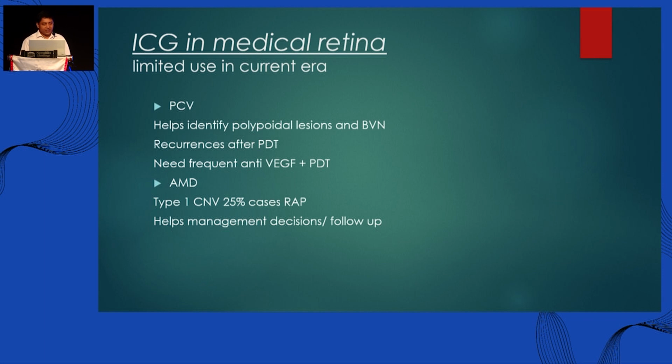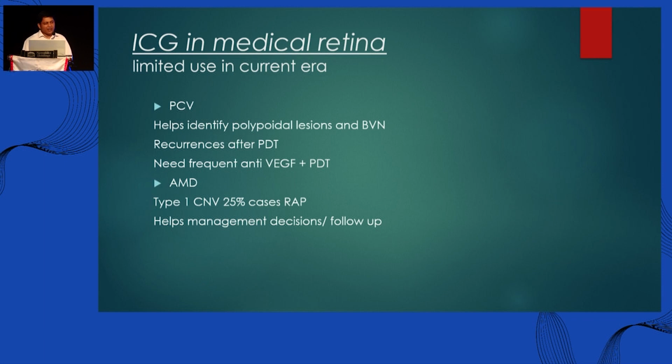But today you probably don't need it for certain things, but still need it for others, like say PCV, where you need to identify polypoidal lesions and branching vascular network. So that helps whether you can manage this with anti-VEGF monotherapy, or whether you want to add PDT.